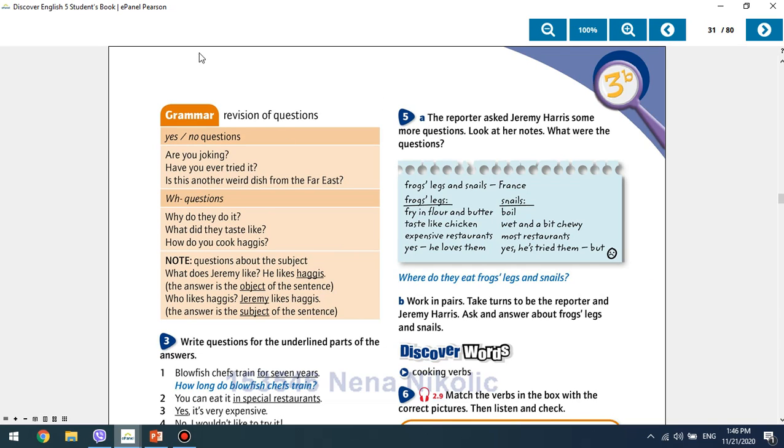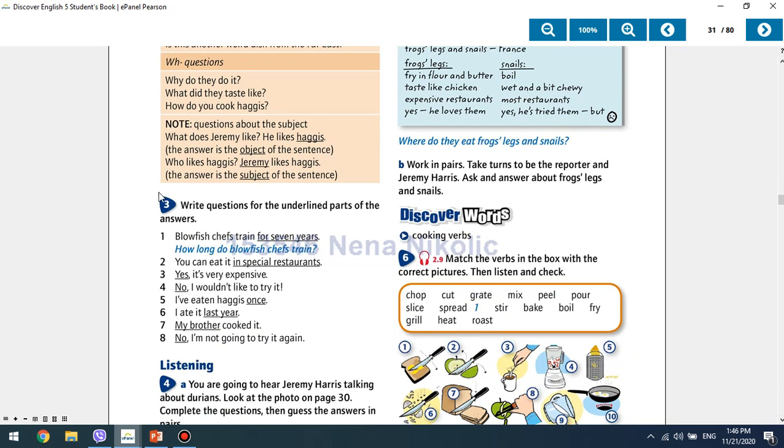Now look at your book. This explanation is here, and below you have one exercise, exercise 3, with the sentences where one part of the sentence is underlined. Your task is to write questions for those underlined parts of the sentences. For example, Blowfish chefs train for 7 years.